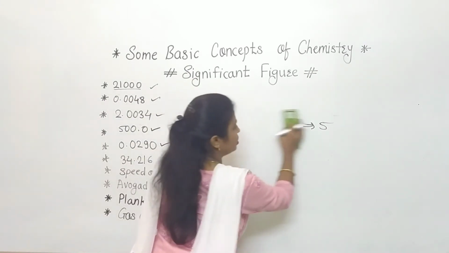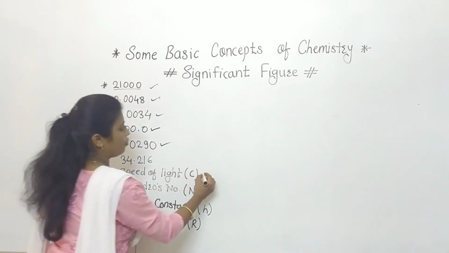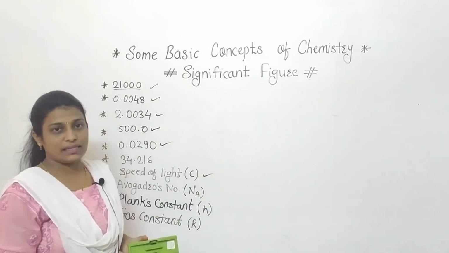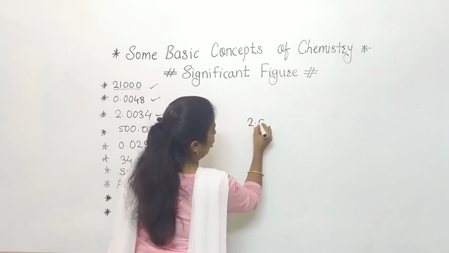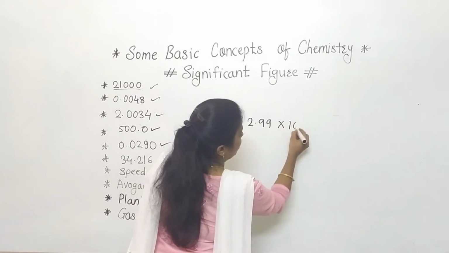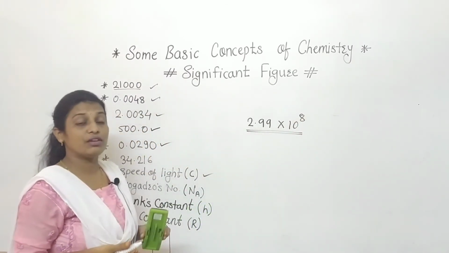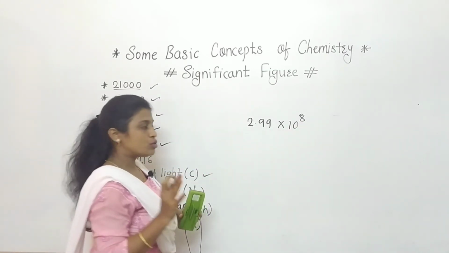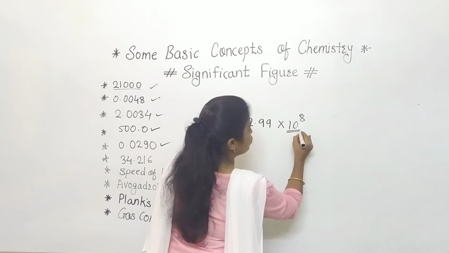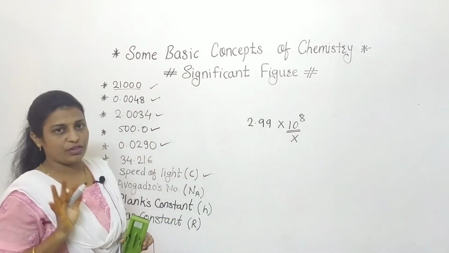Now see the next one. Sometimes there will be a question based on constant values, just like the speed of light, which is denoted by the symbol c. Every time we take the speed of light as 2.99 into 10 raised to 8. So what is the significant figure if 10 raised to a power is given? Whatever 10 raised to power is given, don't consider it at the time of counting significant figures.